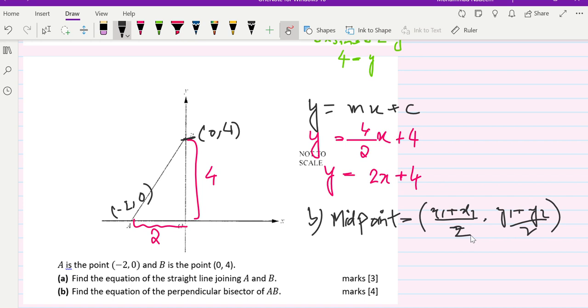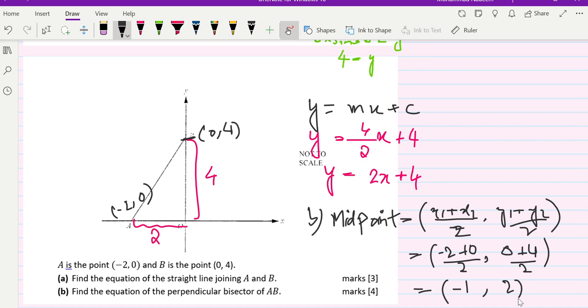So x1 is -2, x2 is 0, over 2, comma y1 is 0 and y2 is 4 over 2. So -2 over 2 will be -1, and the second coordinate will be 4 over 2, which is 2. These are the coordinates of the midpoint.